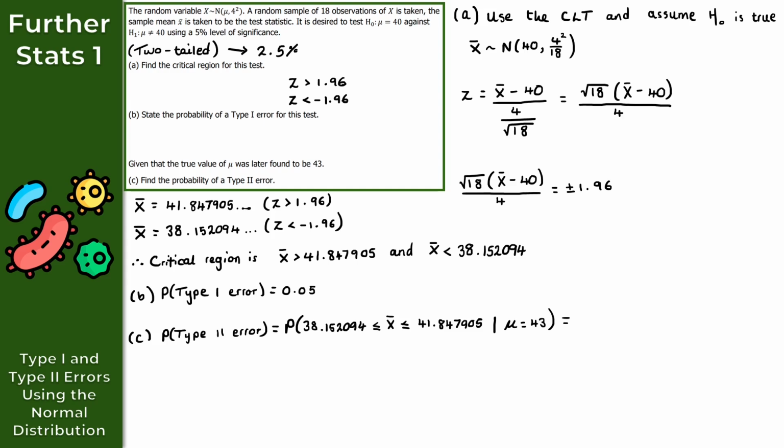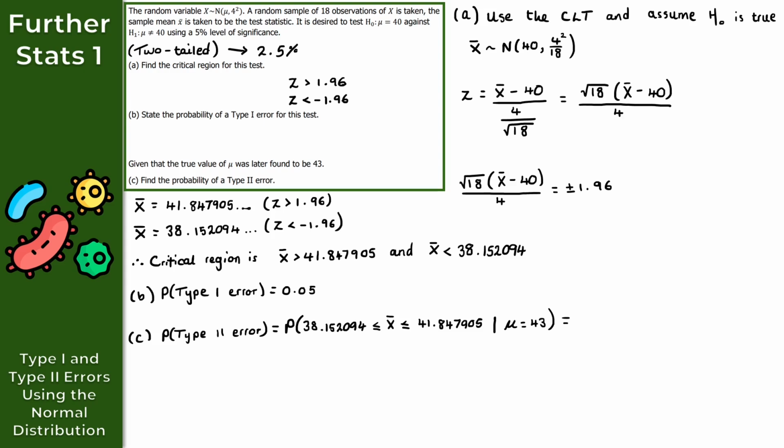Mu and sigma come from here, so let me change those. So mu is 40, and for the standard deviation, that would be 4 over the square root of 18. I'm sorry, mu would not be 40, mu would be 43. Don't forget, we've conditioned on this fact, so don't make that mistake like I nearly did. So mu is 43, there we go.